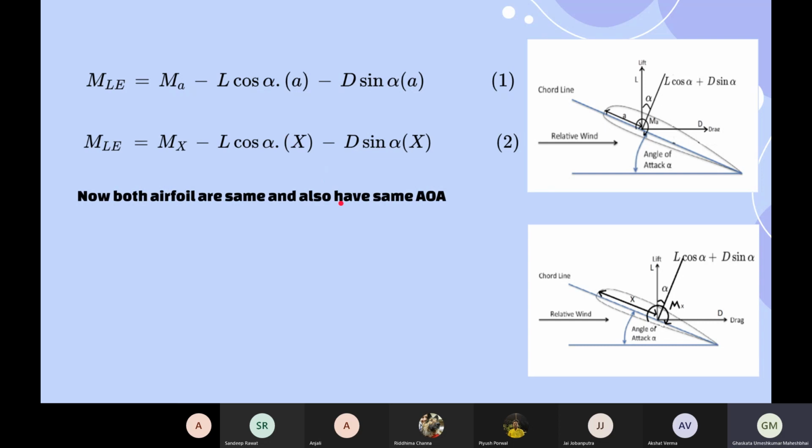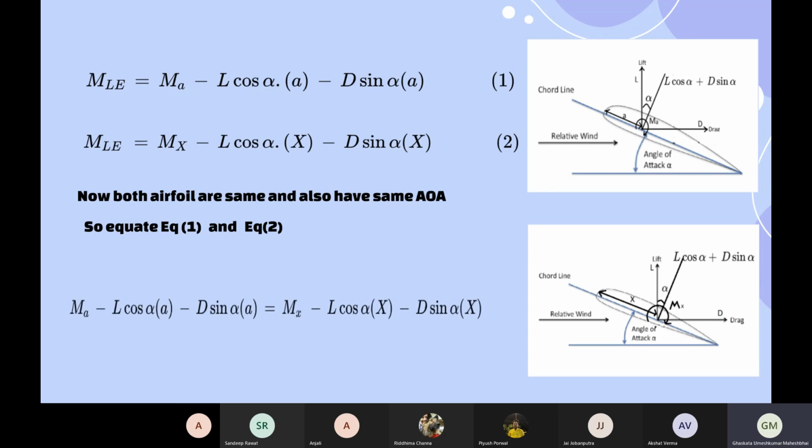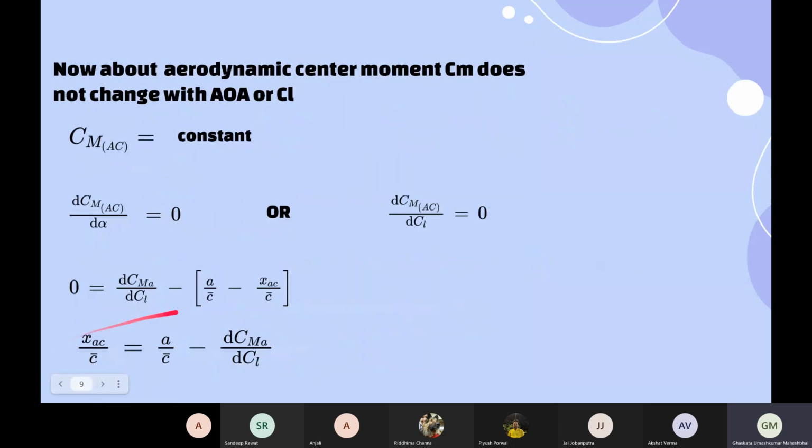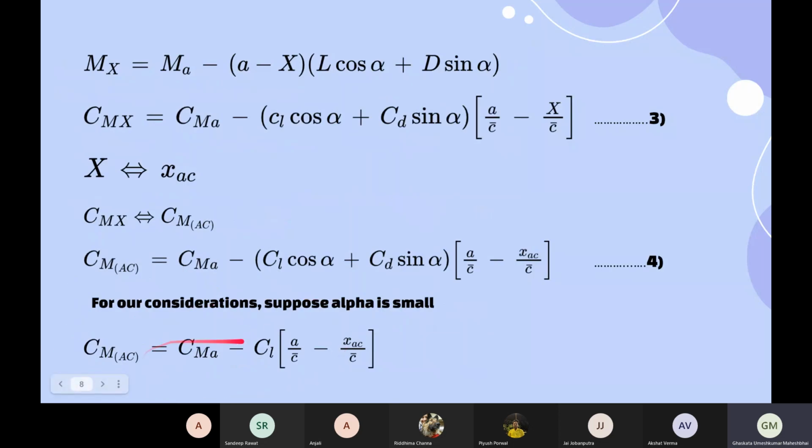And now both are the same airfoil at the same angle of attack, so the moment about the leading edge remains the same, so we can equate these two equations, do some mathematical manipulation, and we get this equation, where CMAC is the moment about the aerodynamic center and CMA is the moment about point A. A can be any point; it can be the leading edge, the trailing edge, or the quarter chord point of the airfoil.